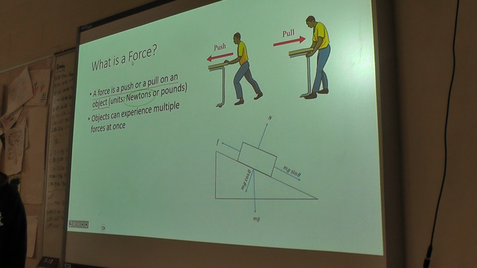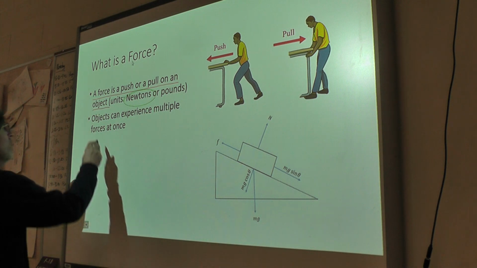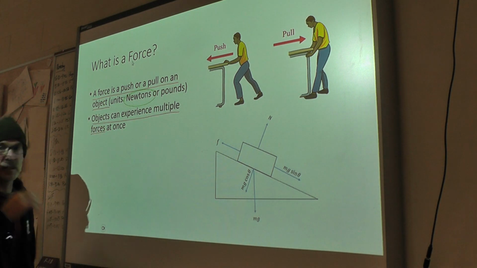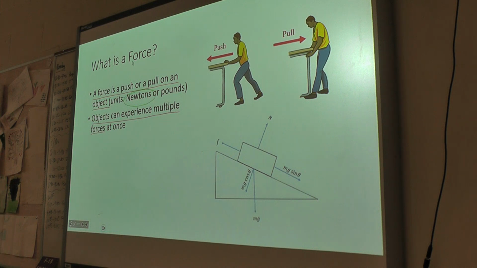One of the things we figured out about forces a long time ago is that lots of things can push or pull on an object. So objects can experience multiple forces. Most of us are experiencing multiple forces at all times, okay? The one force that affects everything on this planet at all times is the force of gravity.